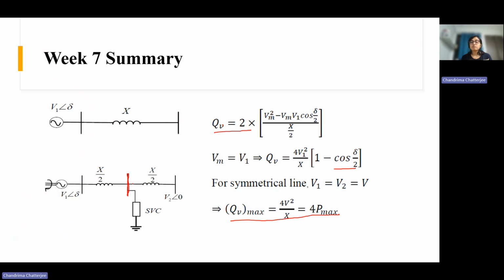So we can still increase the power transfer limit, but not twice, but slightly less than that, because this 4V square by X rating is too large. But these are the theoretical limits. Theoretically it is possible to transfer a power of this amount.